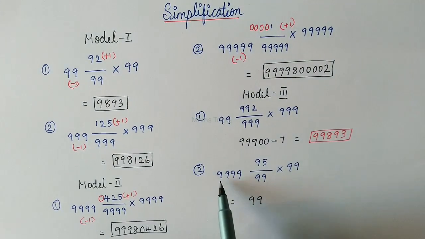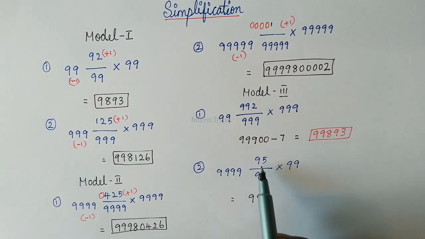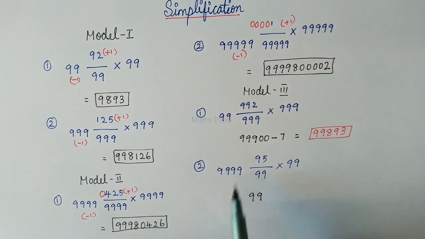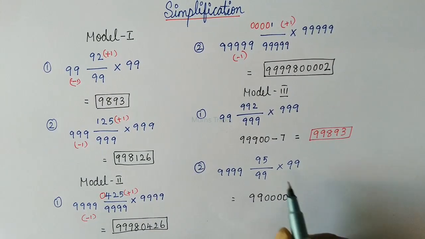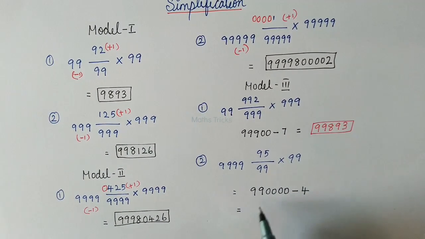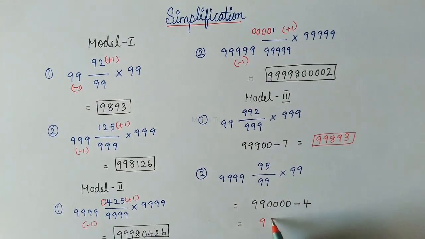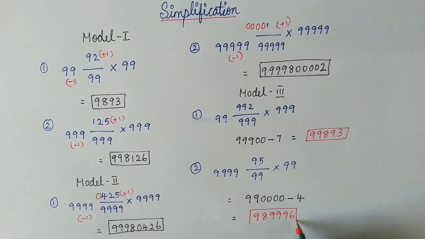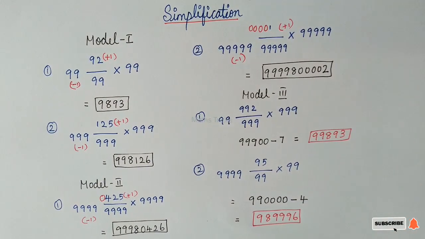Next we check, this is 4 nines, so we have to put 4 zeros here. The next condition is 95 minus 99. We have to see the difference here, which as we all know is 4. Finally after doing the subtraction for these numbers we got the answer as 989996. This is the perfect answer for this simplification sum.